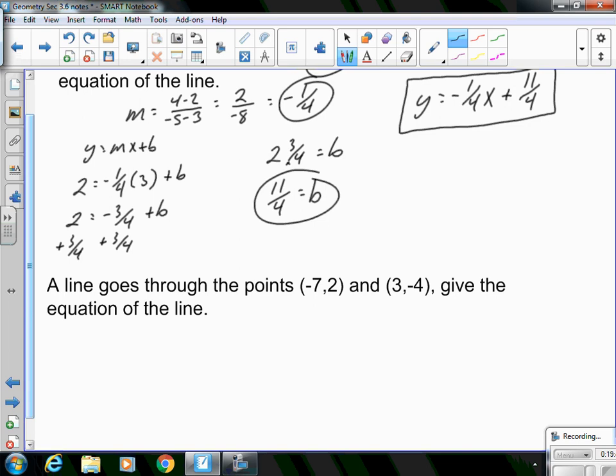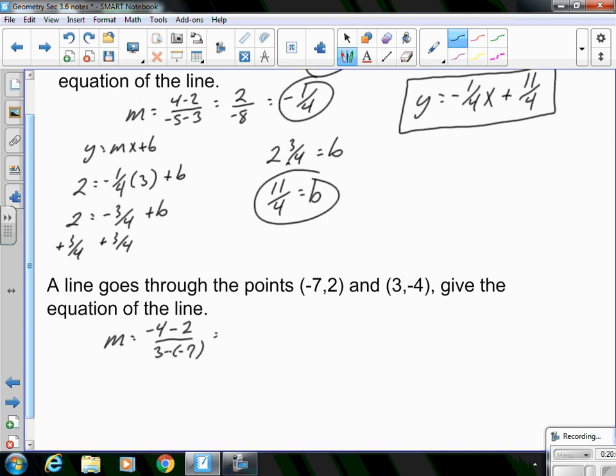One more. A line goes through the points (-7, 2) and (3, -4). Give the equation of the line. So same basic kind of setup and problem. First thing we'll do is figure out the slope. So negative 4 minus 2 over 3 minus negative 7.